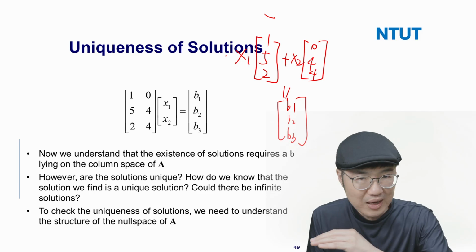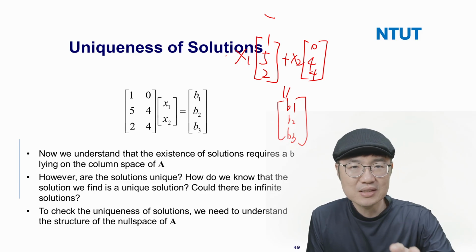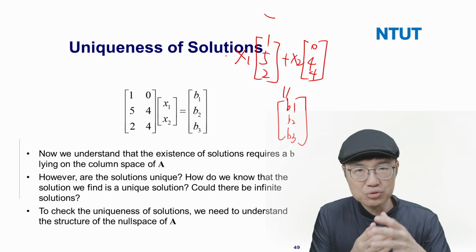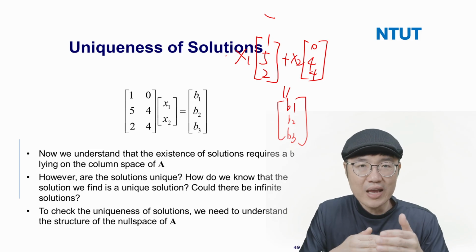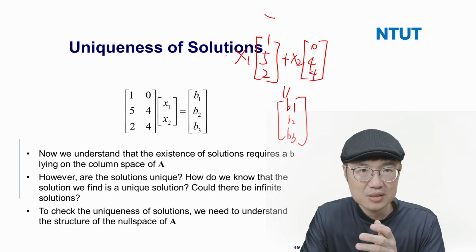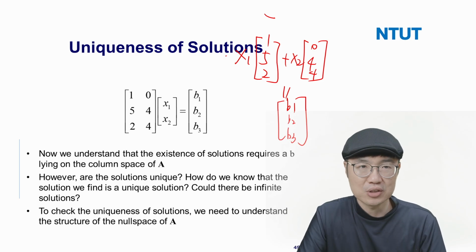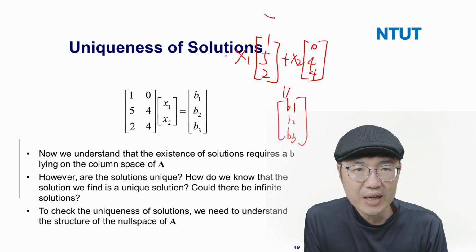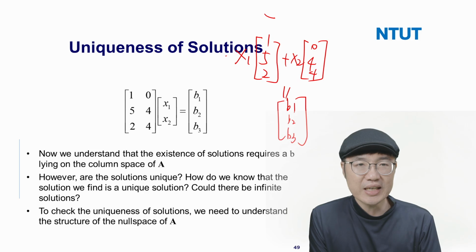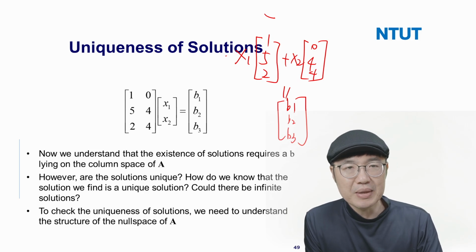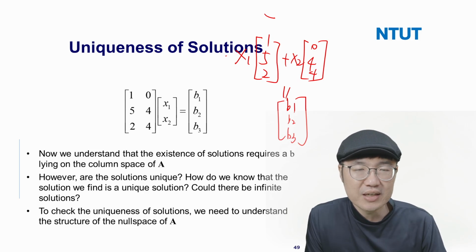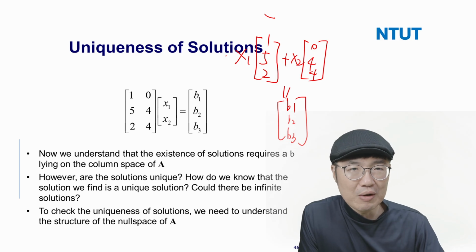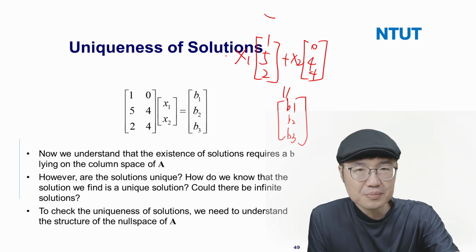So you have to plot x1 plus 0x2 and so forth, and check: do I have an intersection? But with the help of columns, it's easier. (b1, b2, b3) must be a linear combination of (1, 5, 2) and (0, 4, 4).